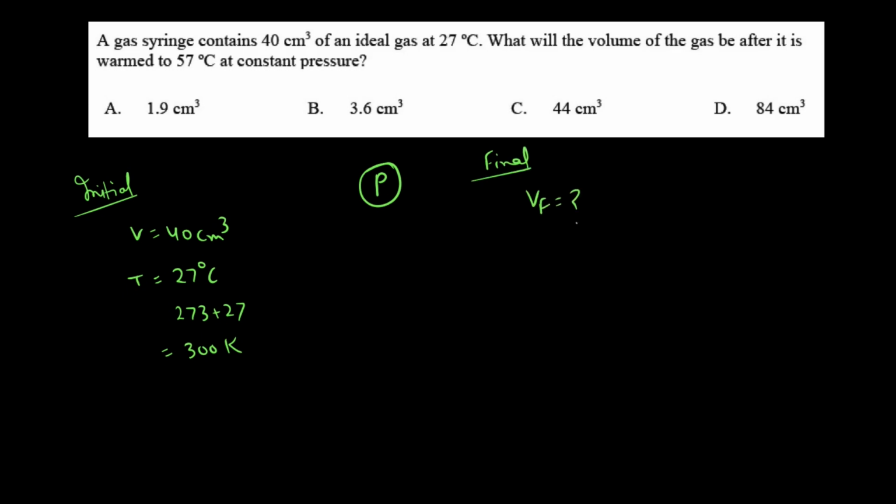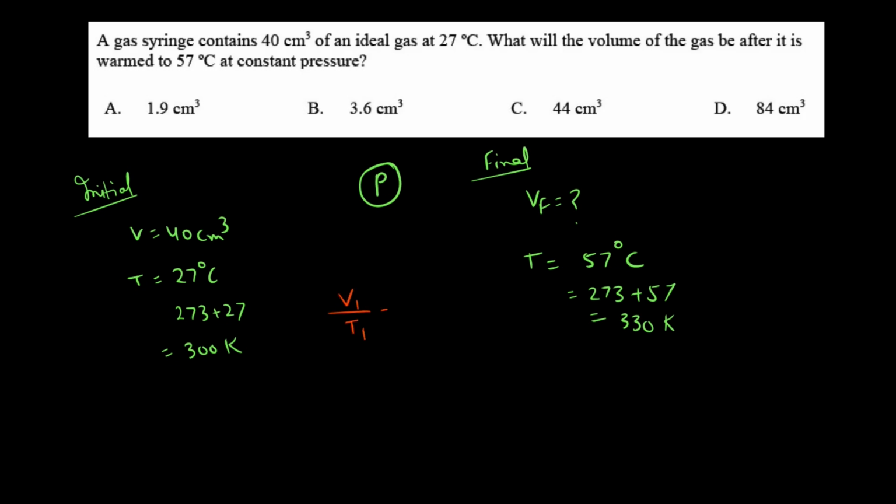What is the volume of the gas when it is warmed to 57 degrees Celsius? So we change to Kelvin, so it becomes 330 Kelvin. Now we will apply Charles law.